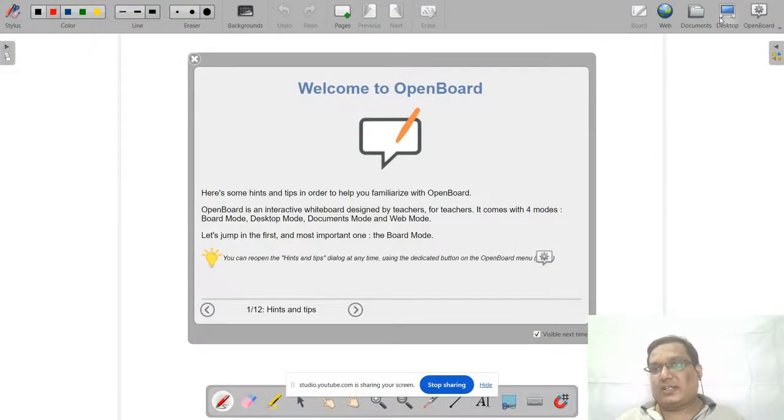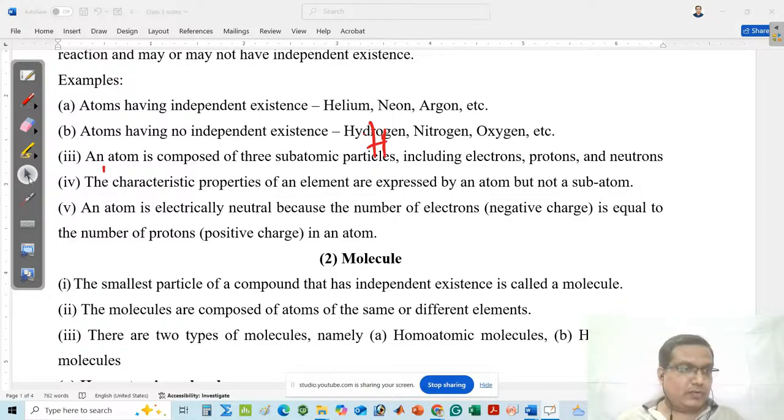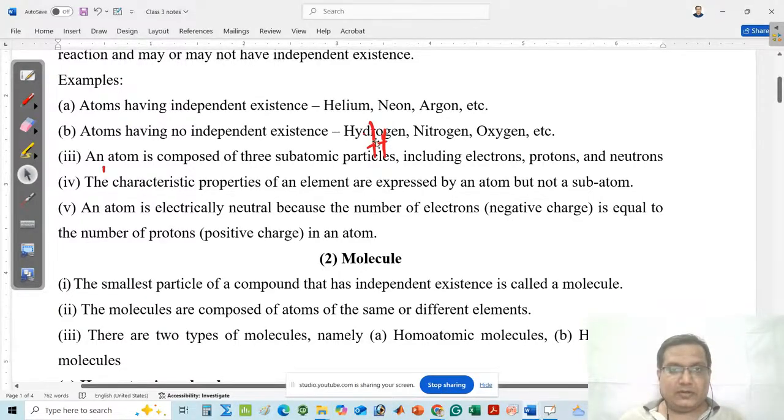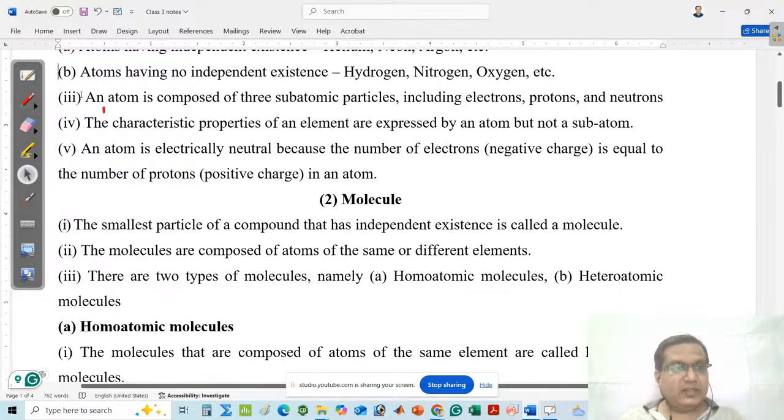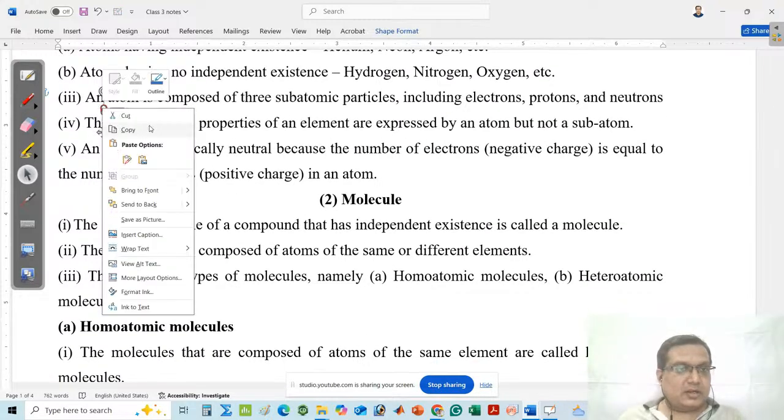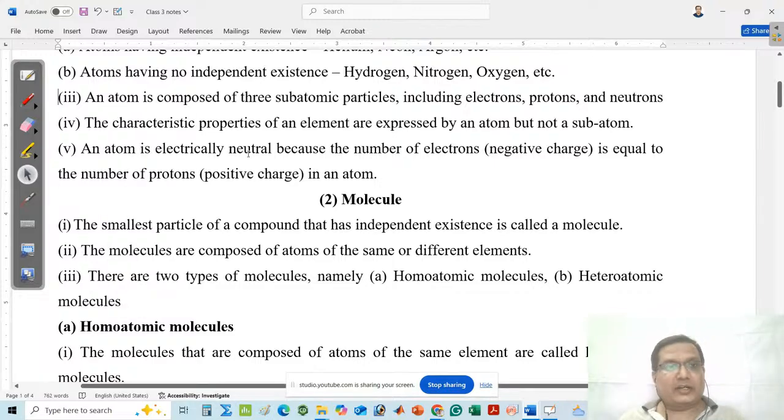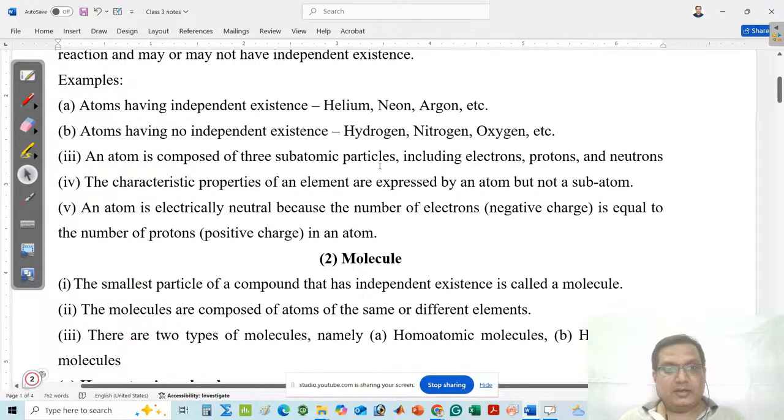Clear? Next, I will move to another point. Already I told you that an atom is made of three subatomic particles, that is electron, proton, neutron.